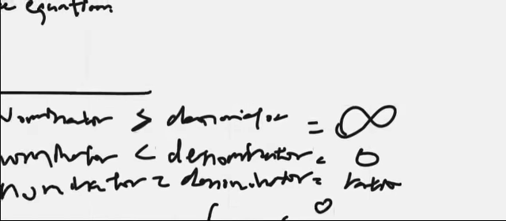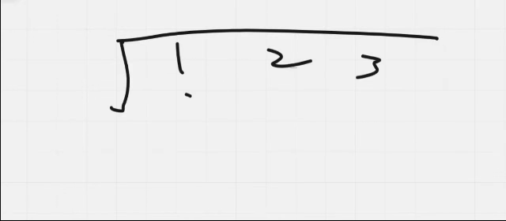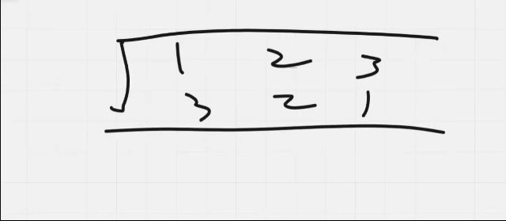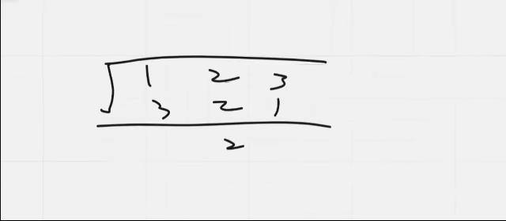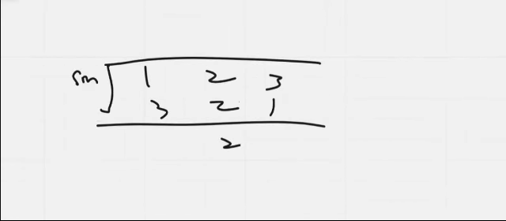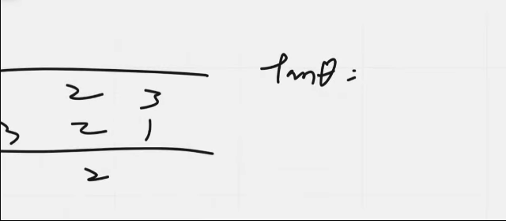And the last thing we learned is trig. We know there's now a faster way to remember the unit circle, which will be 1, 2, 3, 3, 2, 1, and over 2. And also I forgot to mention the tangent. Tangent of theta is equal to sine theta over cosine theta.